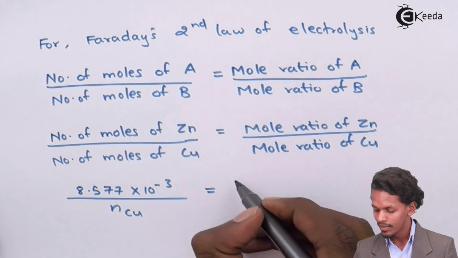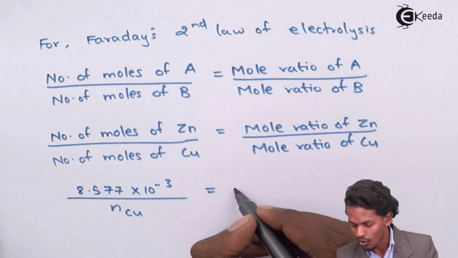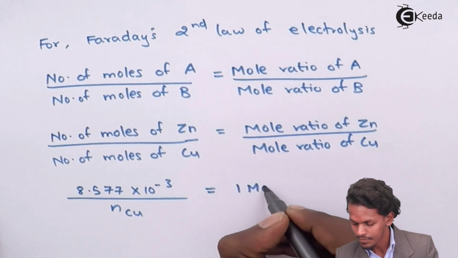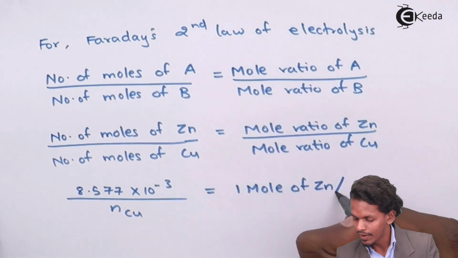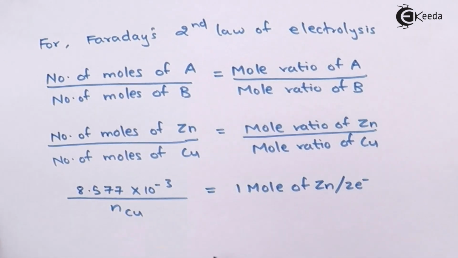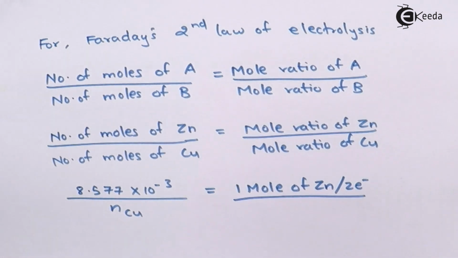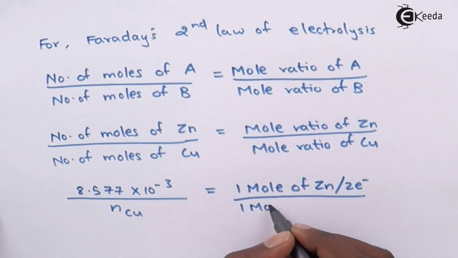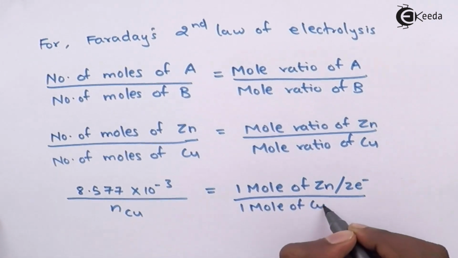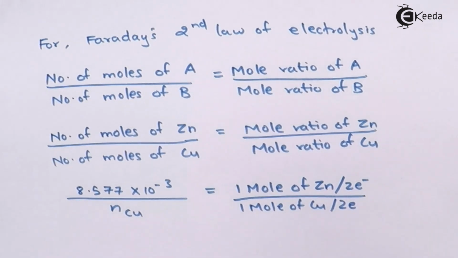It was nothing but 1 mole of zinc divided by 2 electrons. Similarly, we could write it for the mole ratio of copper, 1 mole of copper divided by 2 electrons. And this 2 electrons will get cancelled out, and with the help of this, we could calculate the number of moles of copper.